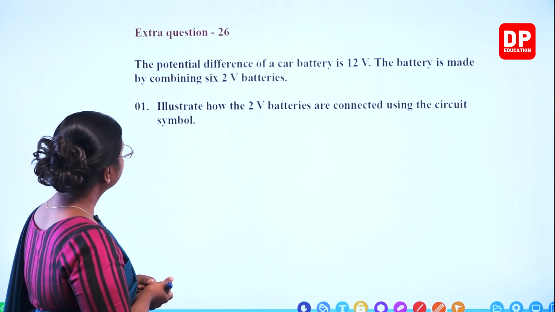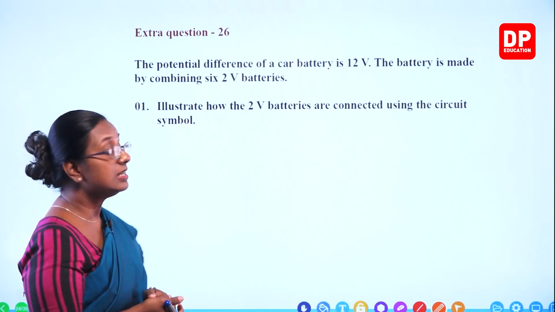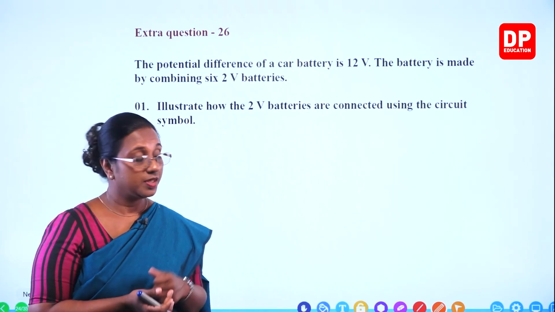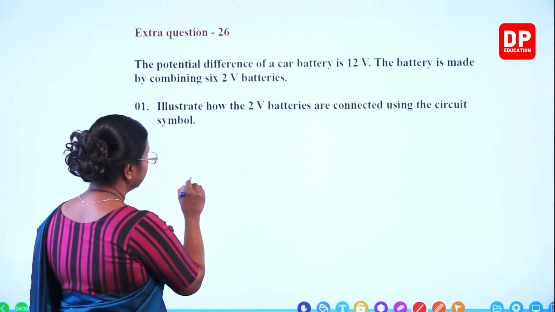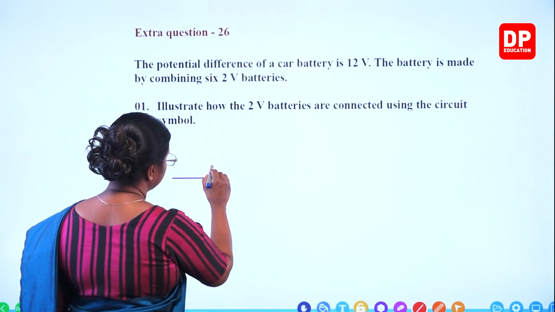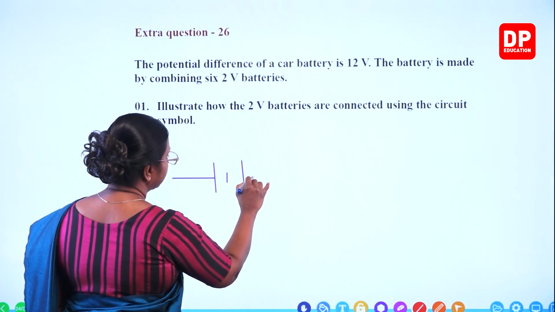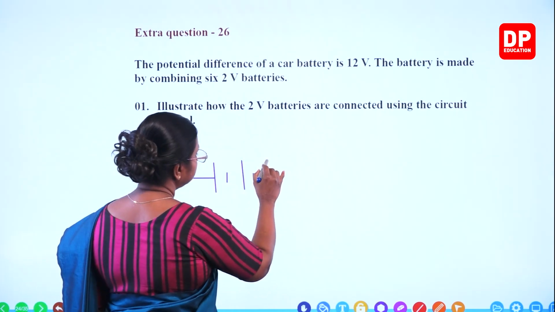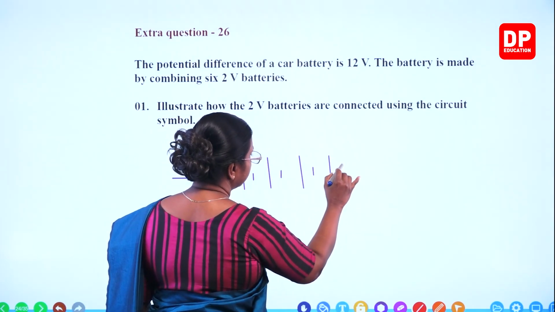The first part: illustrate how the 2-volt batteries are connected using the circuit symbol. This is to show that the batteries are connected in such a way that you get a 12-volt overall potential difference. Plus, minus, plus, minus, plus, minus, plus, minus.